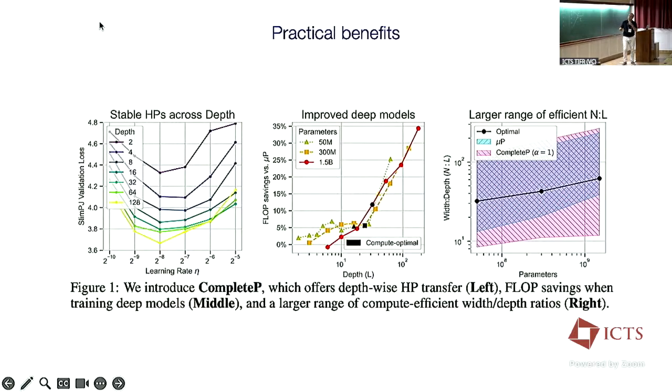This plot was actually trying to say something about that. It was comparing some different parameterizations. This came from scaling depth and width at the same time, and this was considering width scaling. As you change the number of parameters, the optimal width and depth ratio seems to change.